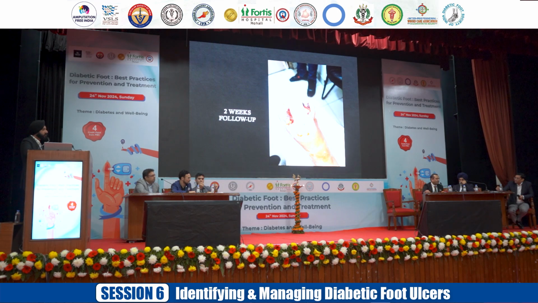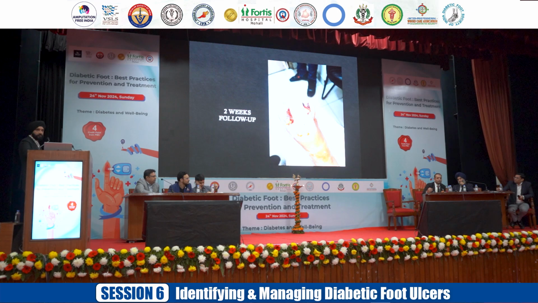So if it's available in the hospital setups, and it's an expensive machine, 5 to 6 lakh rupees, it's a very good tool to use along with the duplex scan to predict that the wound will heal up or not.